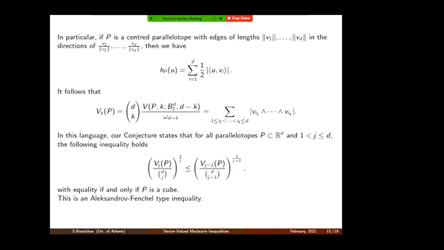But these are the only ones that we can do with a sharp constant.